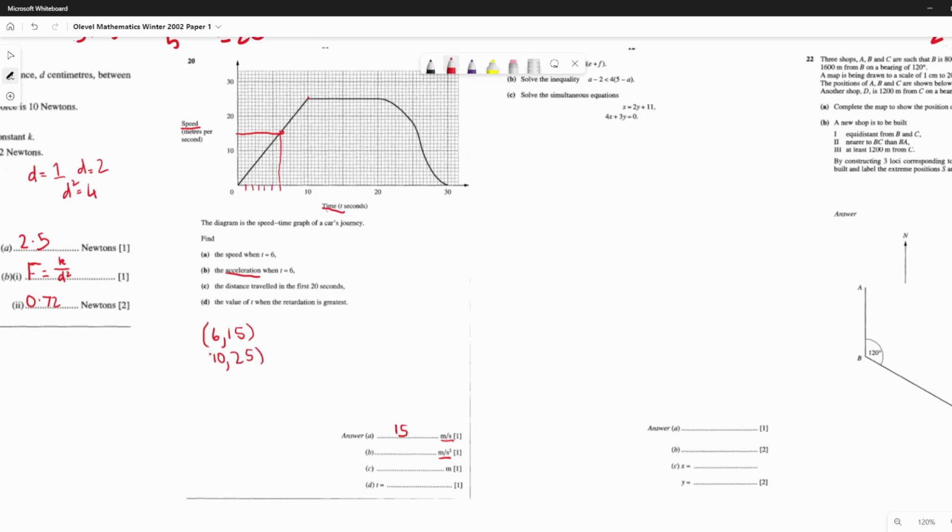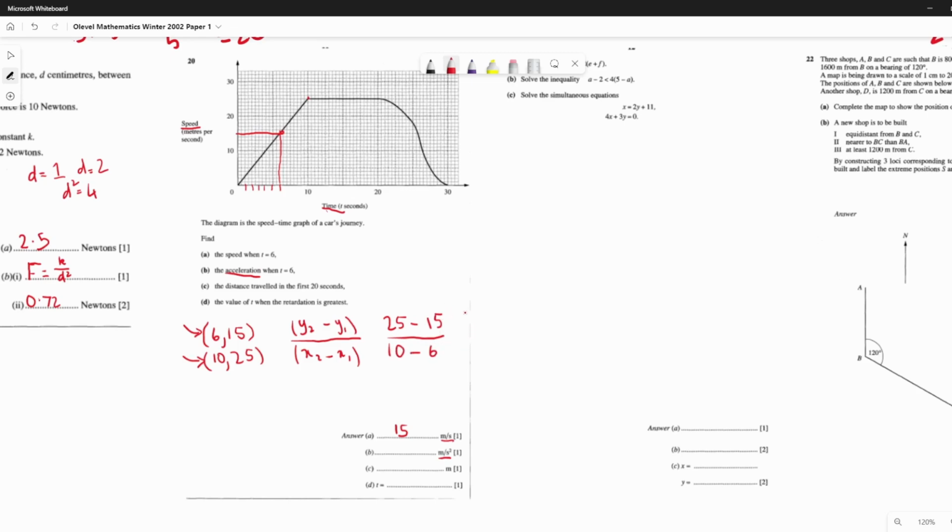And now how we find the slope of a straight line is we do y2 minus y1 over x2 minus x1. So y2 is 25 minus 15, and x2 is 10 minus 6.